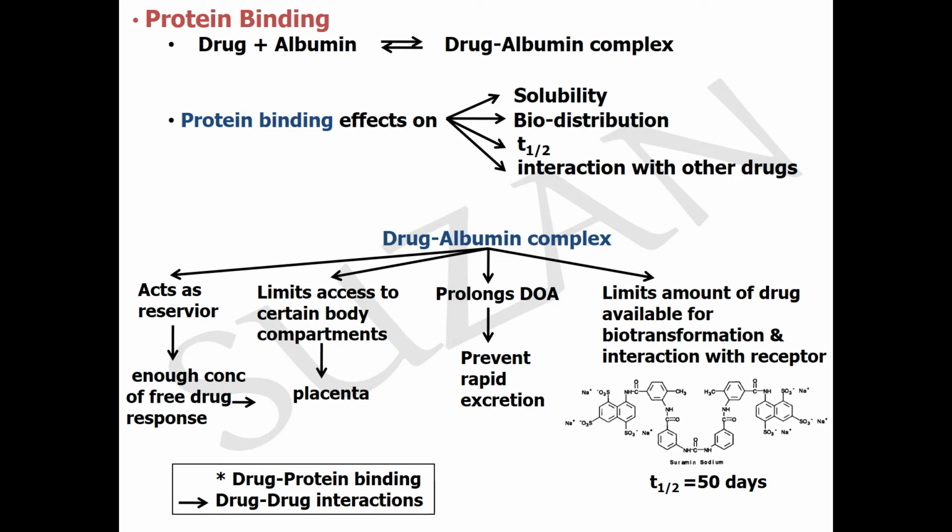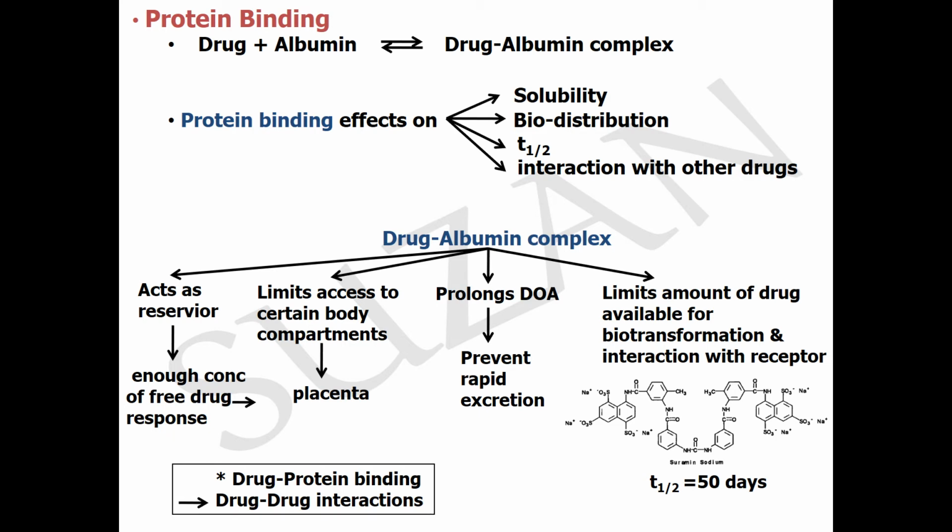So many drugs will bind to serum albumin to form a drug albumin complex, and this is a reversible process. This protein binding can affect the effective solubility of the drug, can affect the biodistribution, can affect the half-life, and can affect interaction with other drugs.